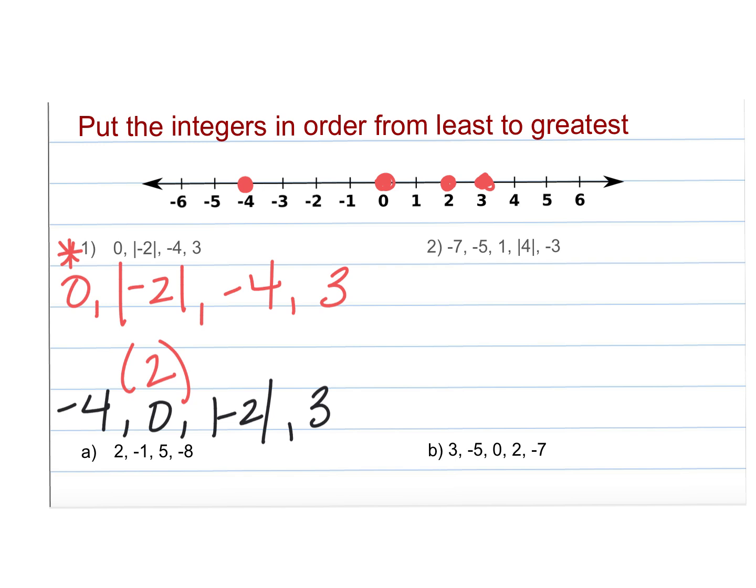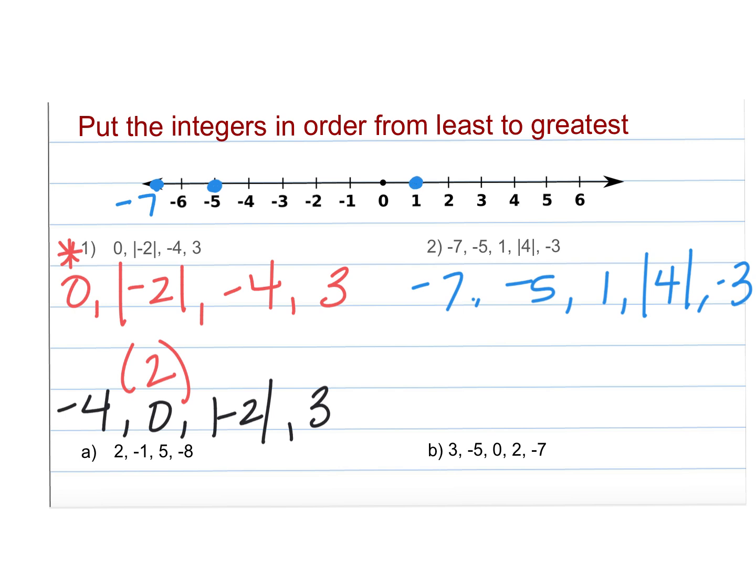Let's do another color. Actually, we'll erase the red marks here, and we'll do the second set. So negative 7, negative 5, 1, absolute value of 4, and negative 3. So negative 7 is going to be here. Negative 5. 1 is all the way over here.